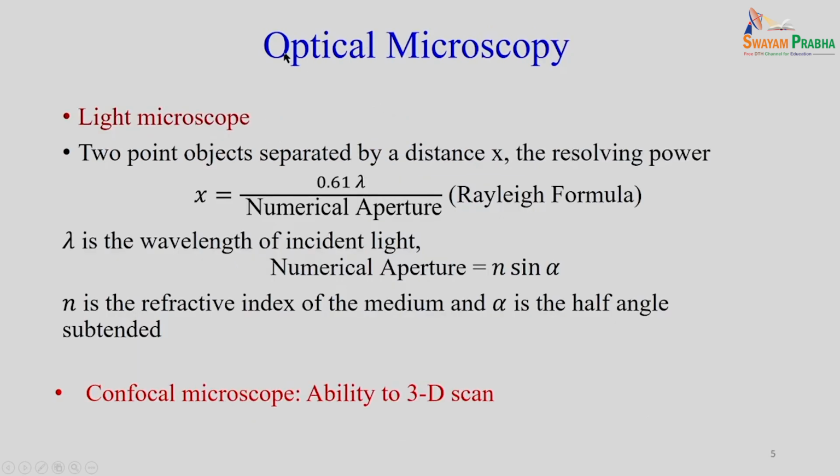Optical microscopy is also known as the light microscope. We calculate the resolving power, defined as 0.61 lambda divided by the numerical aperture, where lambda is the wavelength of the incident light, and numerical aperture is defined as n sin alpha, where n is the refractive index of the medium and alpha is the half angle subtended.